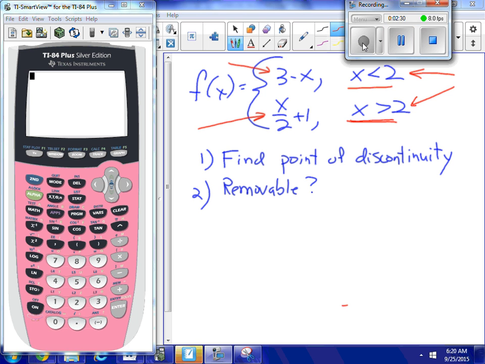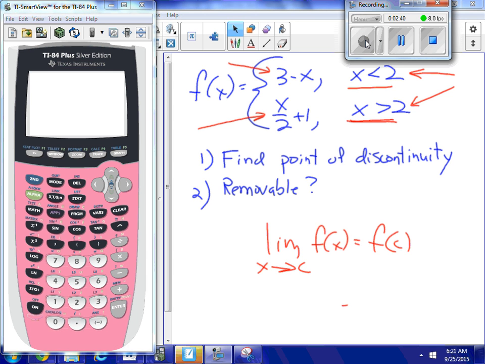It looks like as x approaches 2, I may have a point of discontinuity. Every other place on these functions, I'm going to satisfy this condition for continuity, again, that the limit as x approaches c of the function is in fact equal to f of c, just substituting c in.